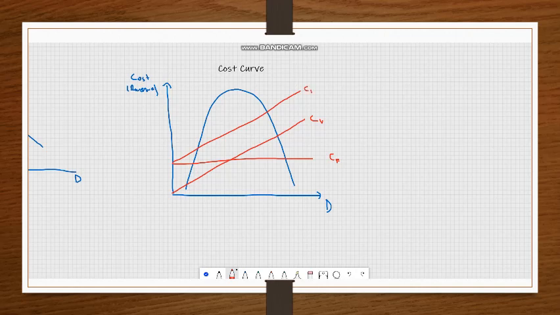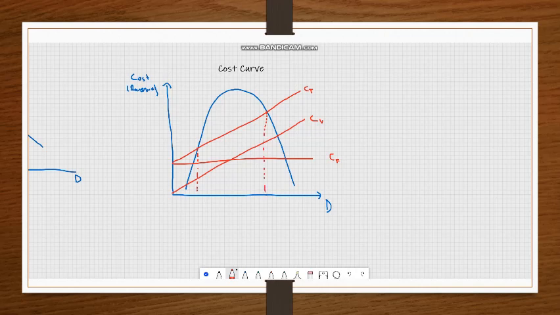So this one is my total cost, which is with the demand, the cost of course is increasing. So this cost and cost curves, let's divide it into the volume. Okay, so we have this intersection and we have this intersection for the total cost, right?